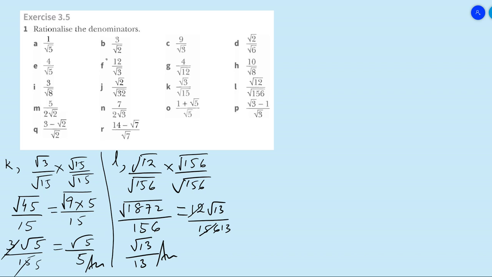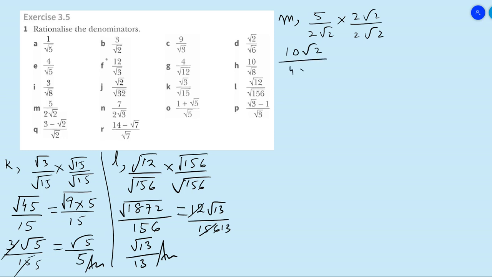Come to part M. Part M is 5 upon 2 root 2. Multiply and divide by 2 root 2. 2 root 2 upon 2 root 2. 5 into 2 root 2 is 5 2s are 10. 10 root 2 upon 2 2s are 4.